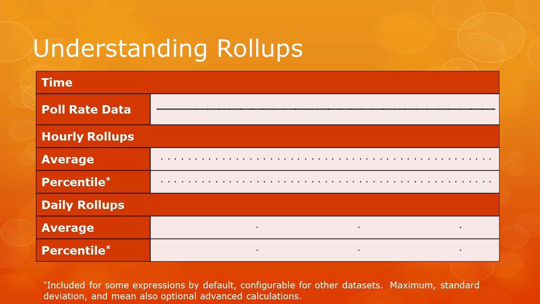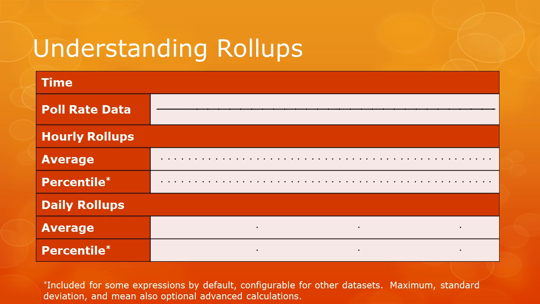That single data point is by default an average of the data points in the poll rate data for that time period. When you're building a custom dataset or even modifying the default datasets, you can also specify an additional roll-up calculation besides the average, like 95th percentile, maximum, standard deviation. The roll-up process repeats for larger and larger roll-up periods.